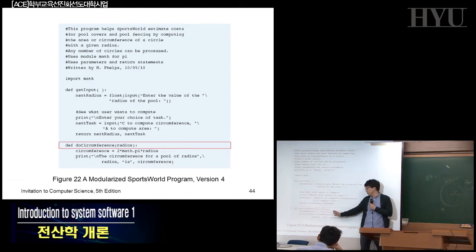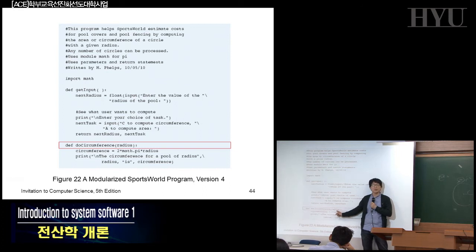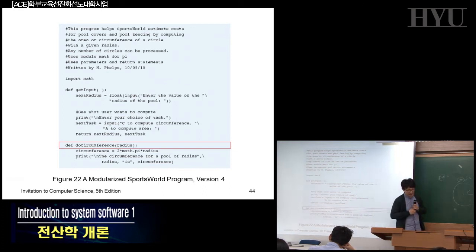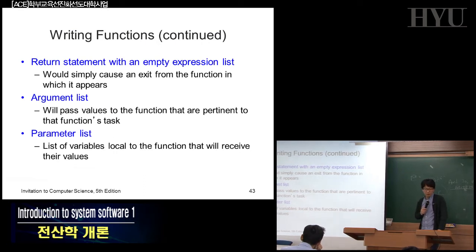If you define a function like this, you have to give a value in this format. This one does have one. So this is a difference between arguments and parameters. But those things are minor. I'm sure you can figure it out on your own.